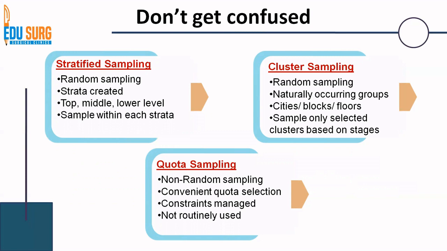In probability sampling, we have already seen cluster and stratified sampling. In stratified sampling, the strata need to be defined or created, such as top, middle, and lower level. Whereas in cluster sampling, the clusters are naturally occurring groups. Then you can do sample within each strata, whereas in cluster sampling, you can select the entire cluster or you can select clusters within the sample.